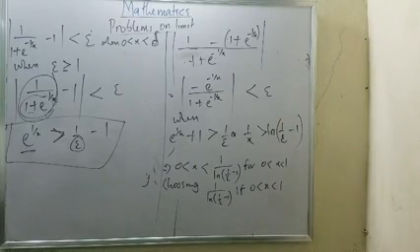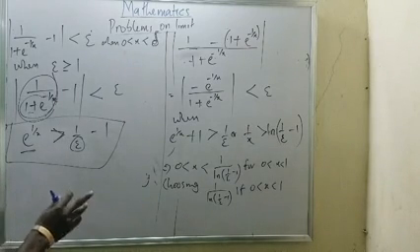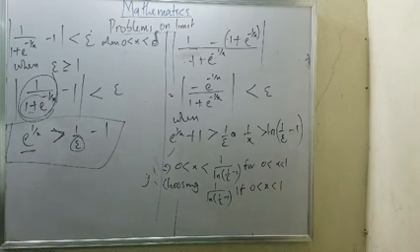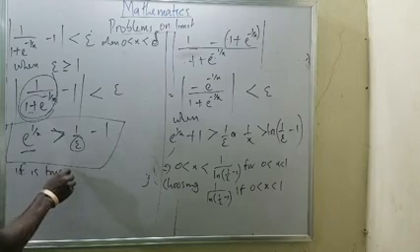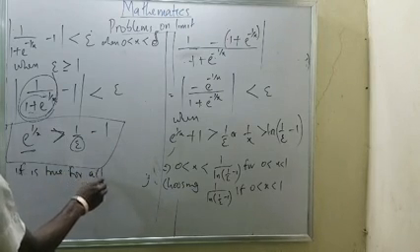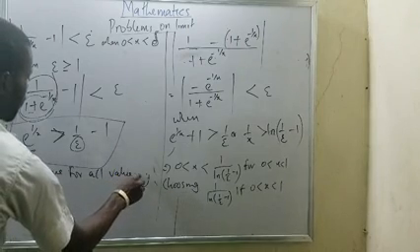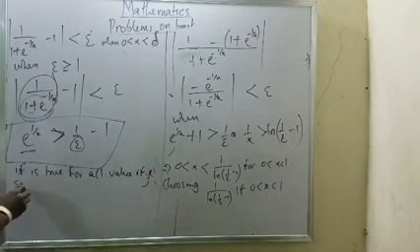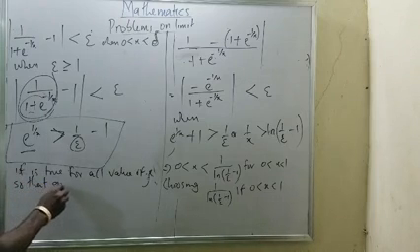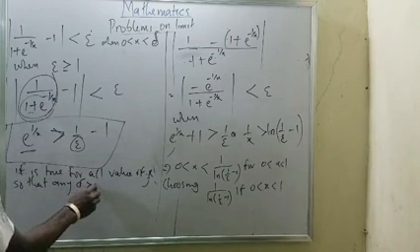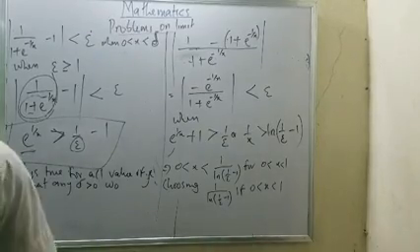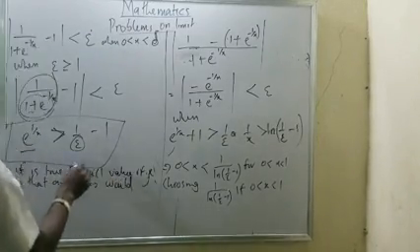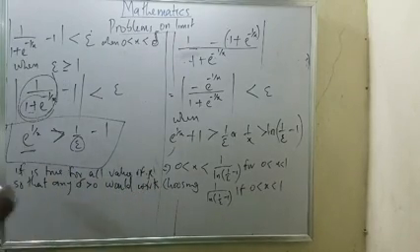Okay, I can continue. Now I can continue if it is true for all values of x, so that any delta greater than 0 will work.